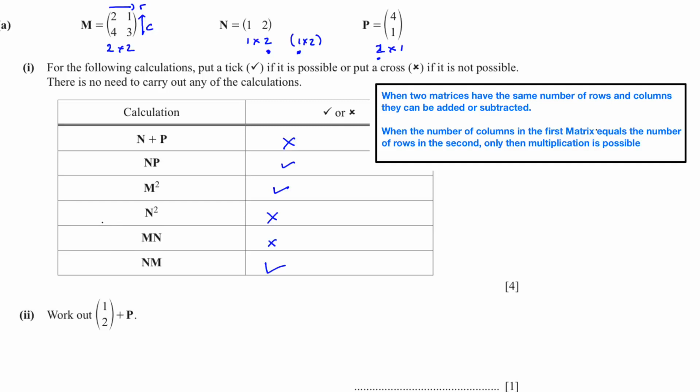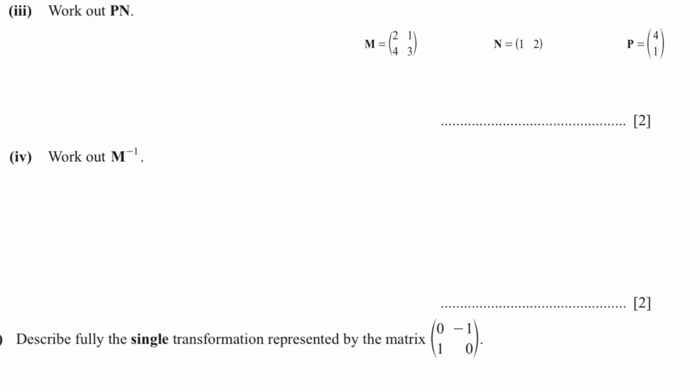In part 2, work out half plus P. The P matrix is 4, 1, 1 plus 4, 5, 2 plus 1, 3. In part 3, work out PN. So P multiplied by N. Let's write down the matrix.